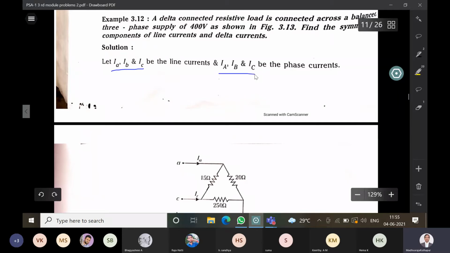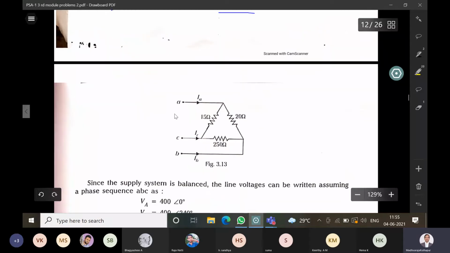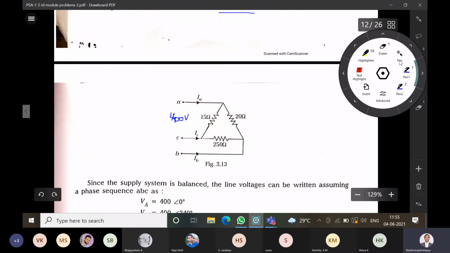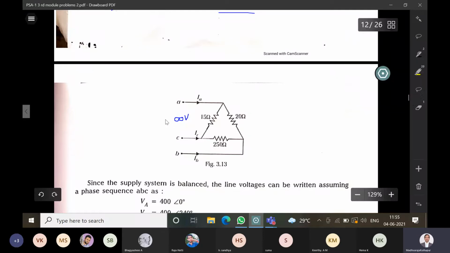We need to calculate the currents using voltage and resistance, because the supply voltage is given as 400 volts.